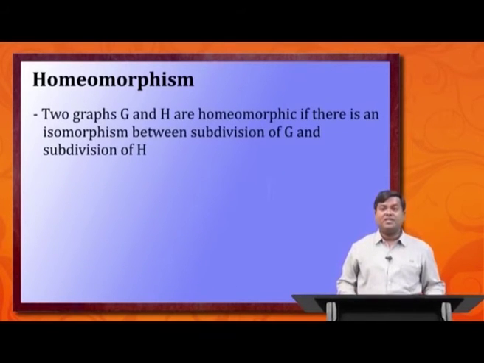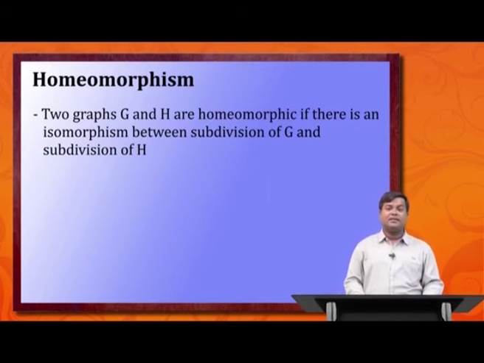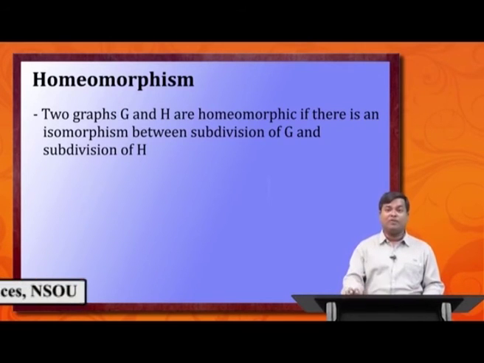Now let's come to the concept of homeomorphism. Two graphs G and H are homeomorphic if there is an isomorphism between a subdivision of G and a subdivision of H. So we are not bothered about G and H themselves, but about whether the subdivision of G and subdivision of H are isomorphic. If they are, then we say G is homeomorphic to H, or G and H are homeomorphic.